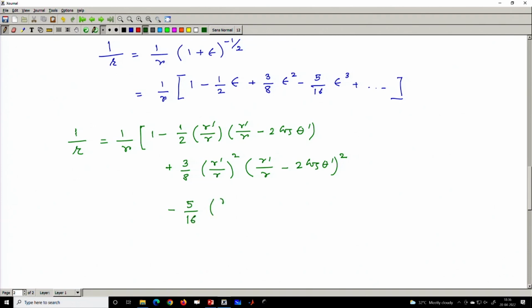So, I have r prime divided by r cube and then r prime divided by r minus 2 cos theta prime, whole cube, and so on and so on.